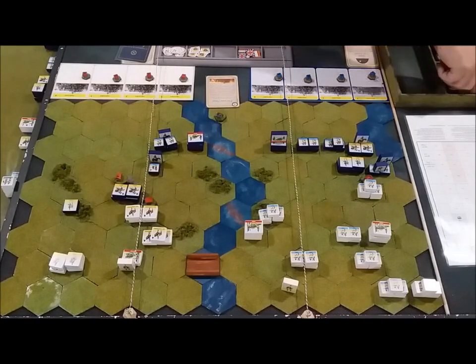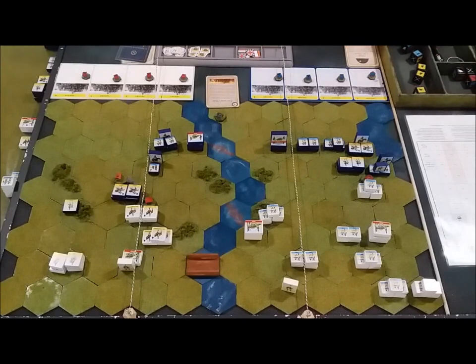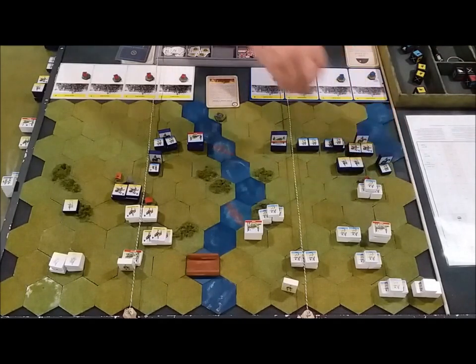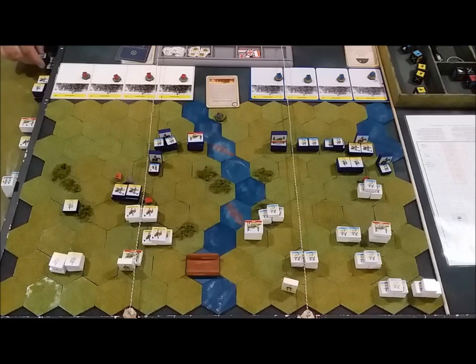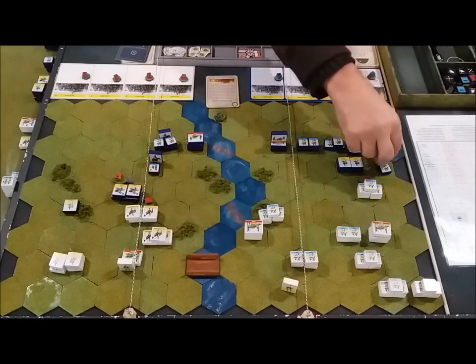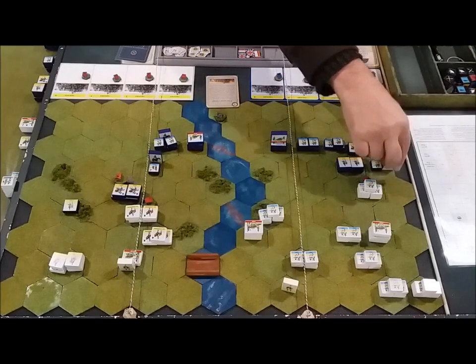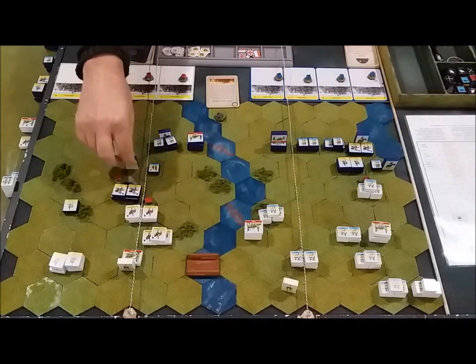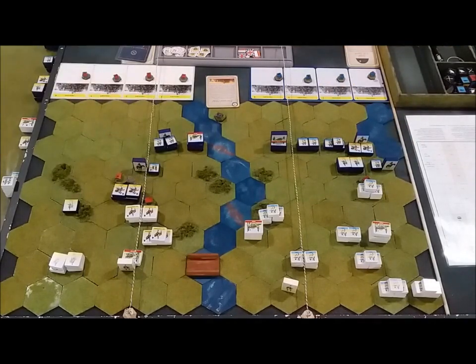So that line unit is going to come back at them with 5 dice and kill 2 of them, leaving 1. Not happy, Jan. And then we need to do our leader check, and he's safe. So it's just him with his 1 line unit there, him with his 1 light unit there.